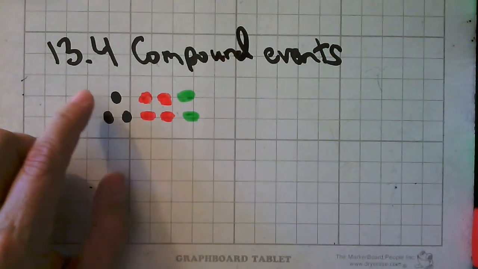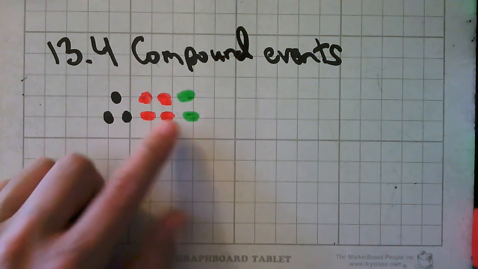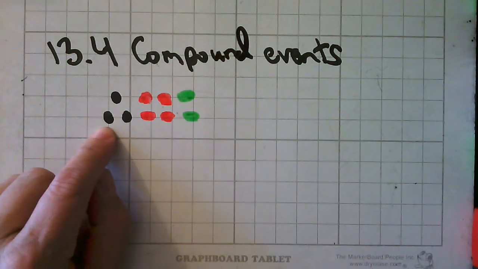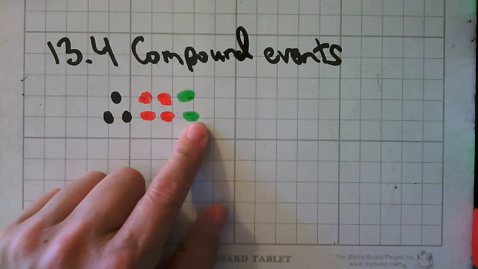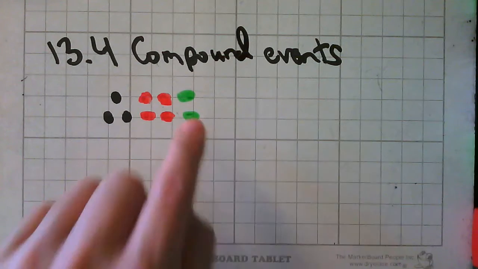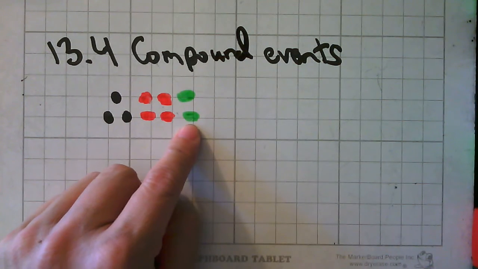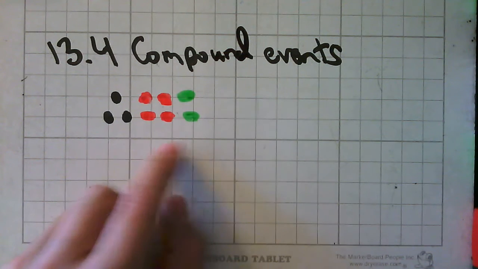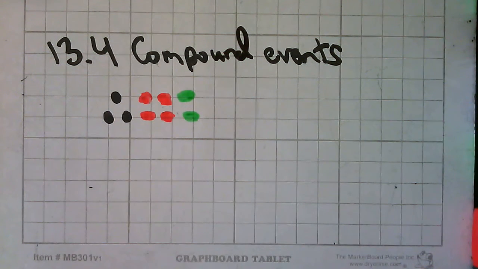Your events are only independent if the first one does not affect the second one. So if I pick a green this time, and then for the second event, I'm going to put it back. So I'm going to replace it and then pick another marble, right? Both times I'm going to have a 2 out of 9 chance of getting a green marble.